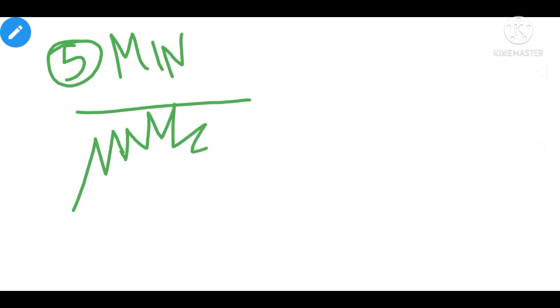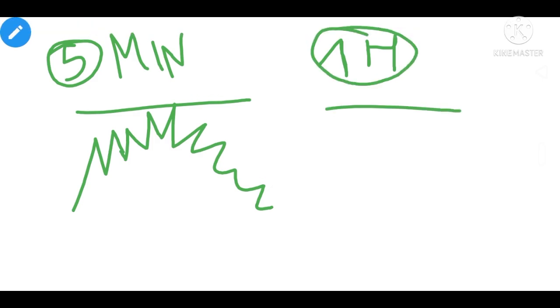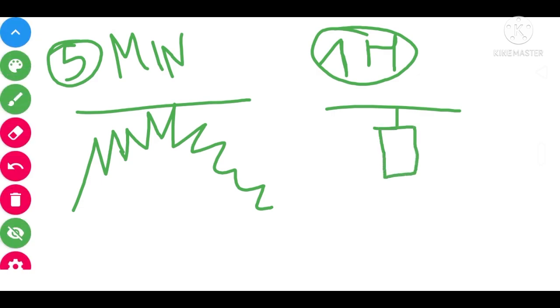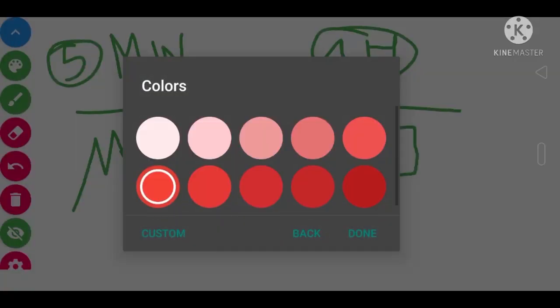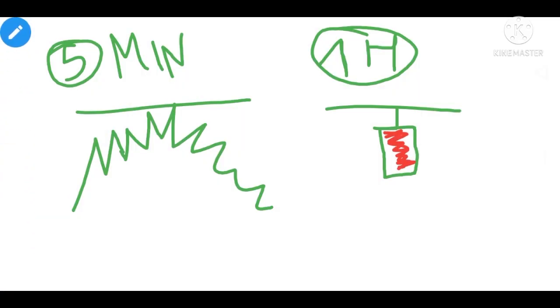If price is moving like this and then comes back like this, then you tell me, in 1 hour what will its candlestick be? Okay, so in 1 hour the candlestick will look like this.